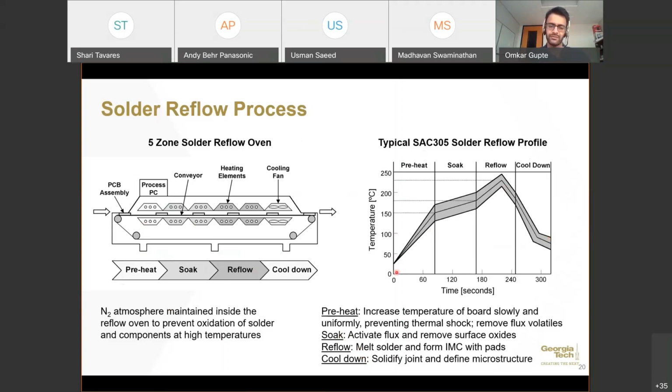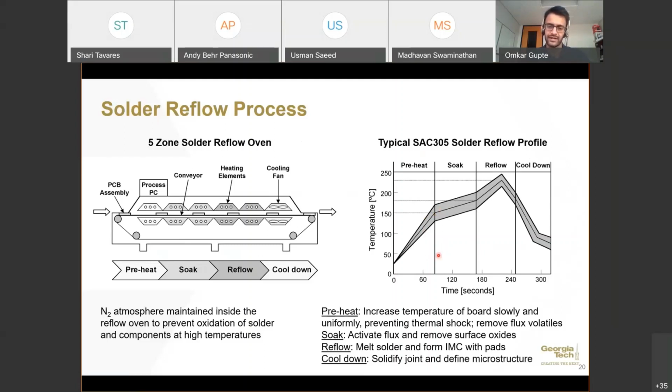What happens in the preheat zone is that the temperature of the board or the substrate increases slowly to a particular temperature, such that there is not a sudden increase in temperature, preventing any thermal shock to the components. And once it reaches this temperature, it also removes the flux volatiles.